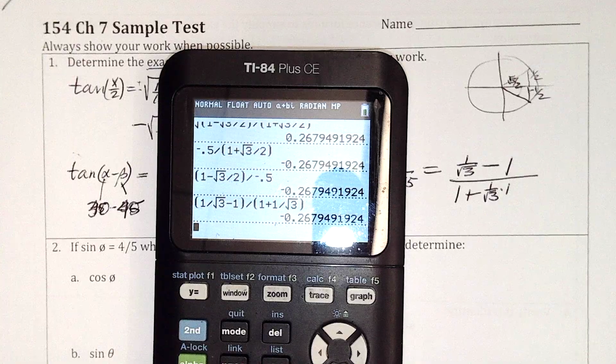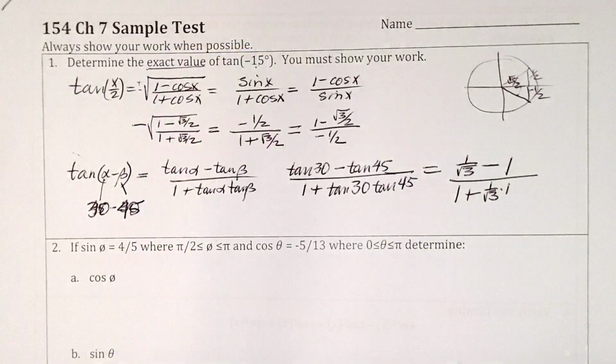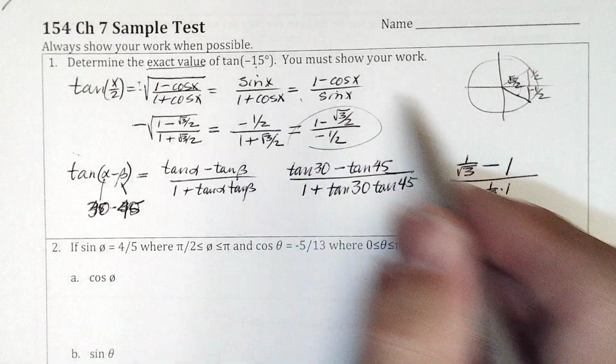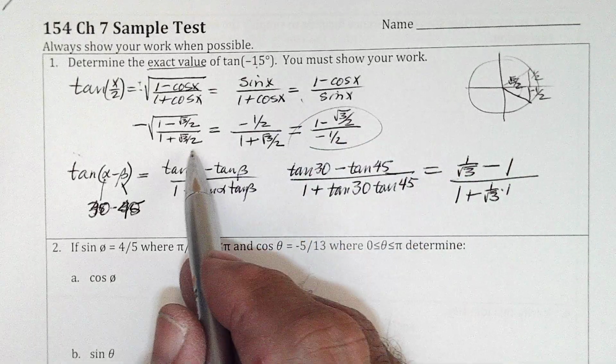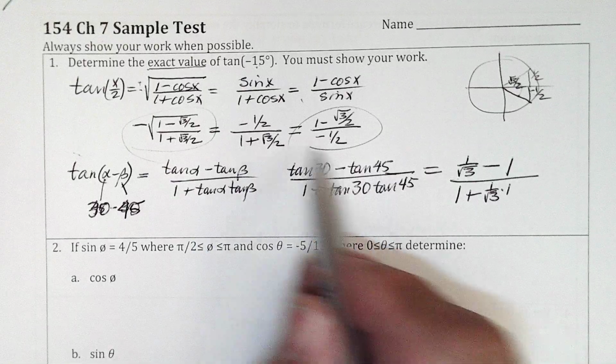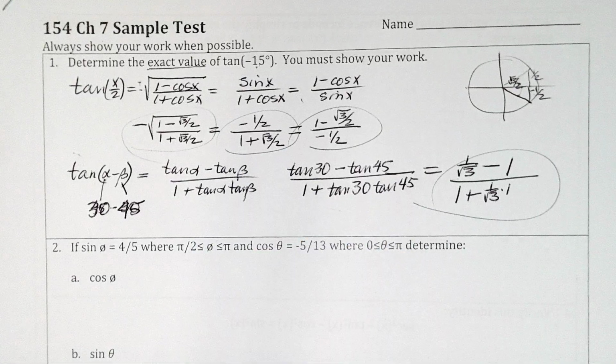And hopefully we get the same answer. And we do. So this would be an answer. This was an answer. This was an answer. Those are just some of the ways to get the answer for that one. There's multiple ways to do that one.